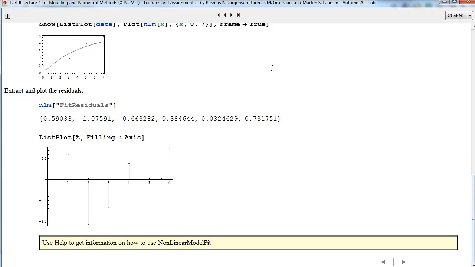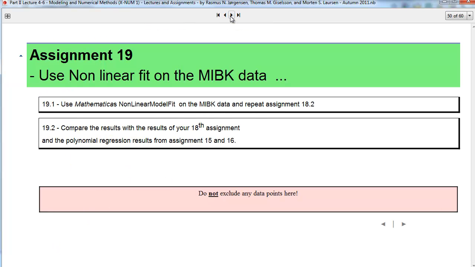So look in help to get further information on this one in order to solve the next assignment, where you have to do exactly the same, but you just put in the function you had to linearize, and then you ask it to find the parameters directly. And here you don't have to exclude any data, and it will find L, which is missing one here.